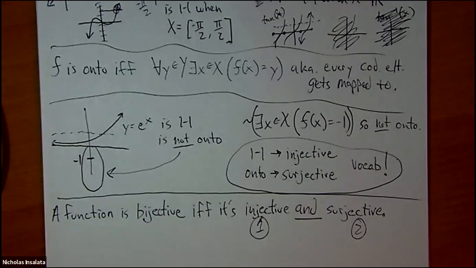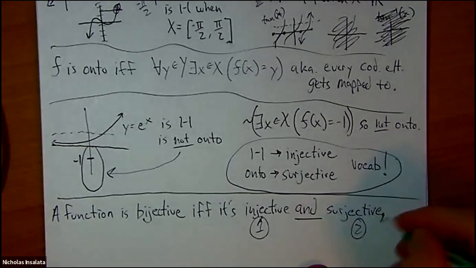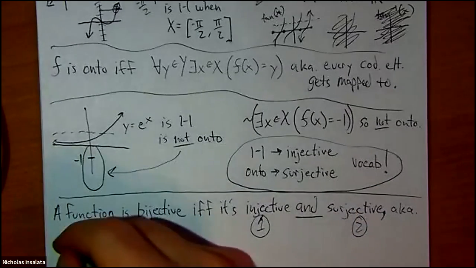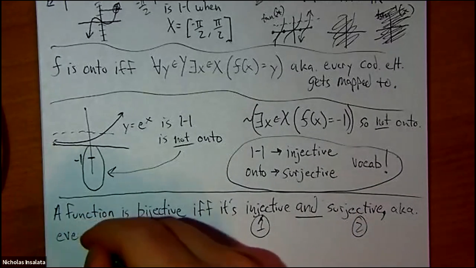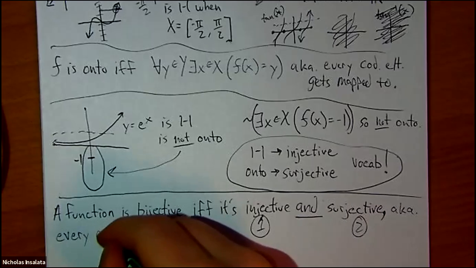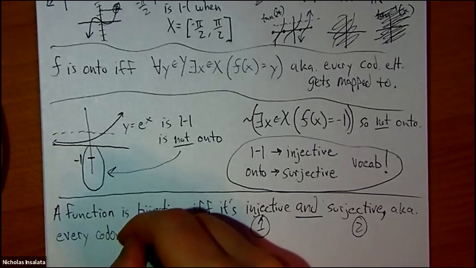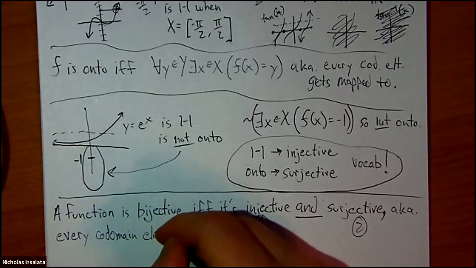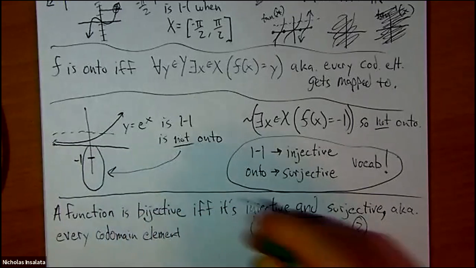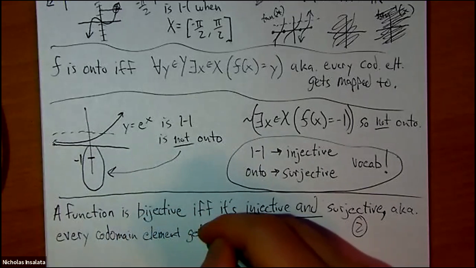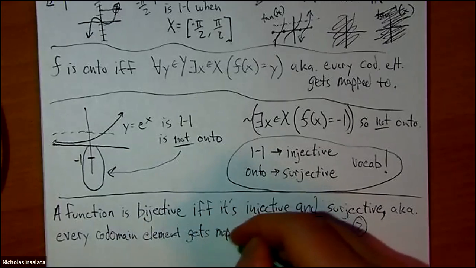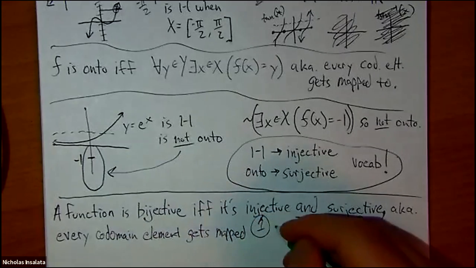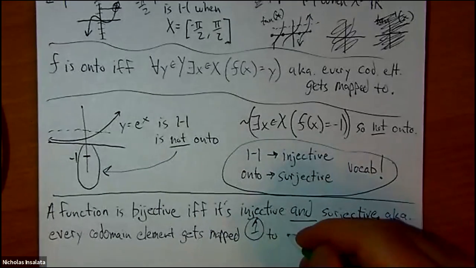That's true. Hits y everywhere only one time. Okay. AKA every codomain element gets mapped to exactly one time.